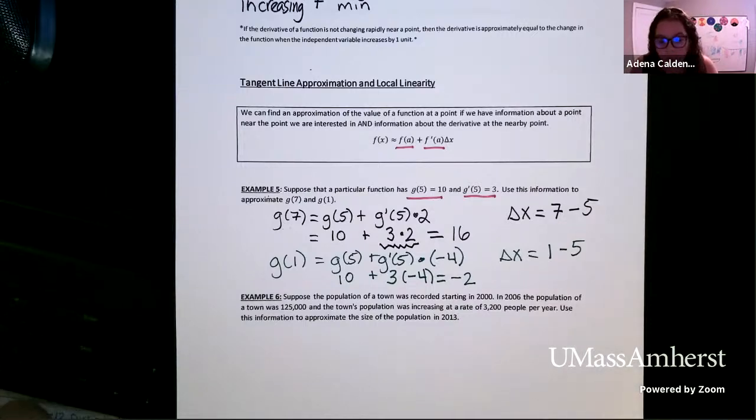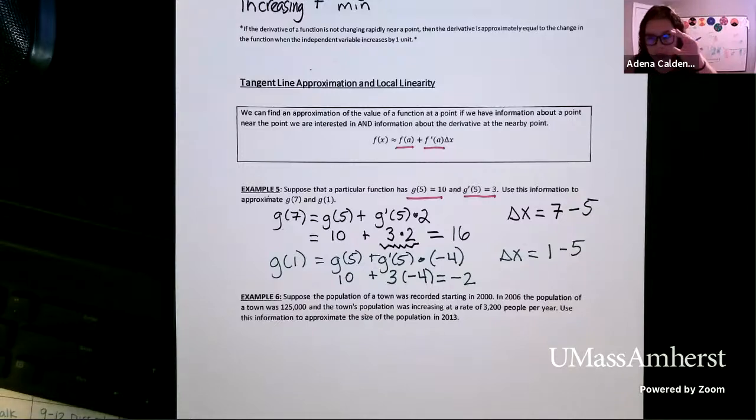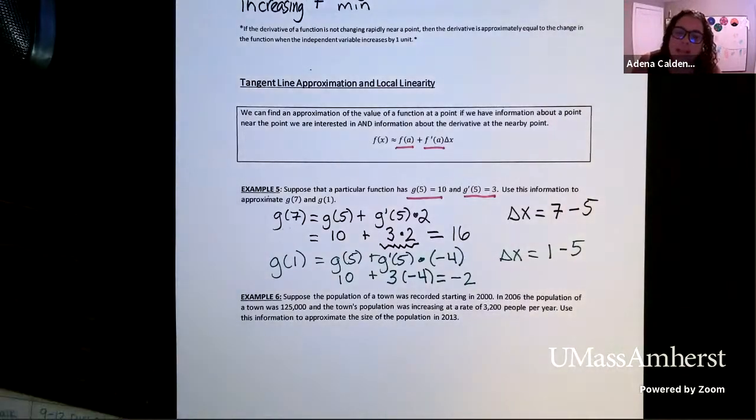Now, both of these are approximations, right? We are guessing the value based on the information we have. This is sort of our best way of doing it. But g of 7 is a better approximation than g of 1. And the reason why it's a better approximation is because my delta x is smaller.